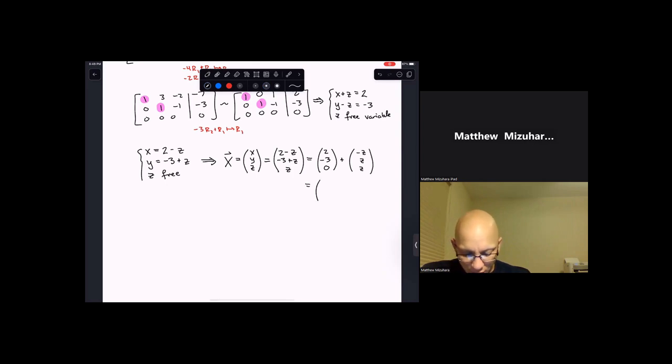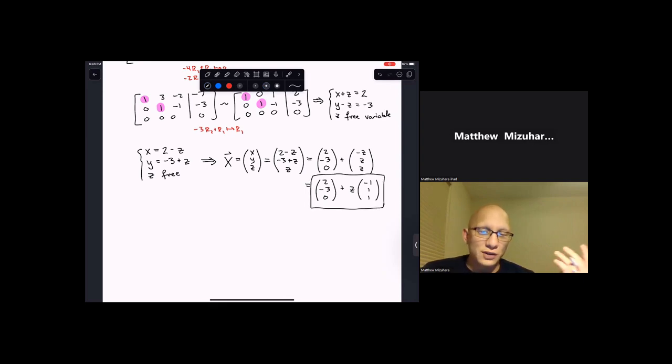And typically what we do is write this as 2, minus 3, 0, plus z times the vector minus 1, 1, 1. And now all of our solutions are of this form. It's this constant vector plus z times this other vector. And again, no matter what z you give me, that does constitute a solution. There's infinitely many solutions here. z can be any real number. Okay, so this is what it looks like when you row reduce and you have a free variable.